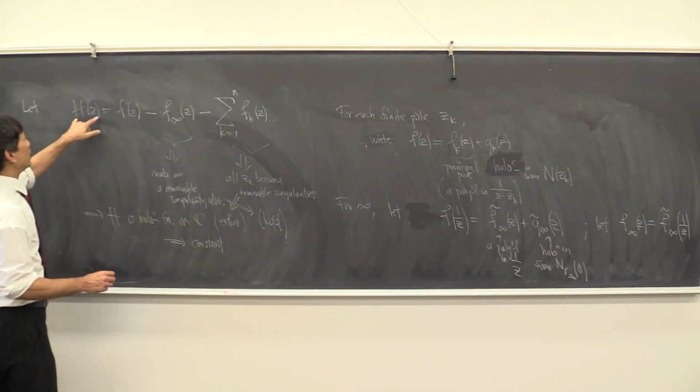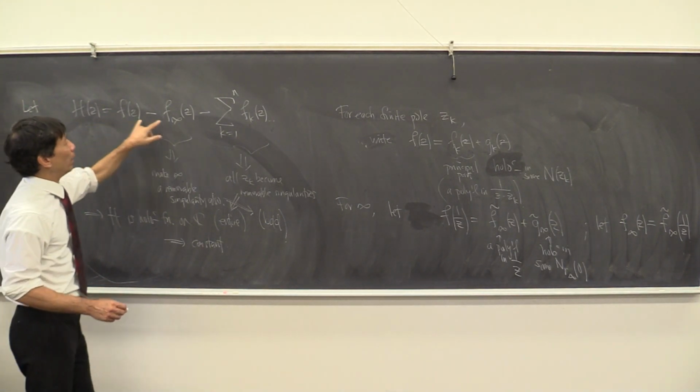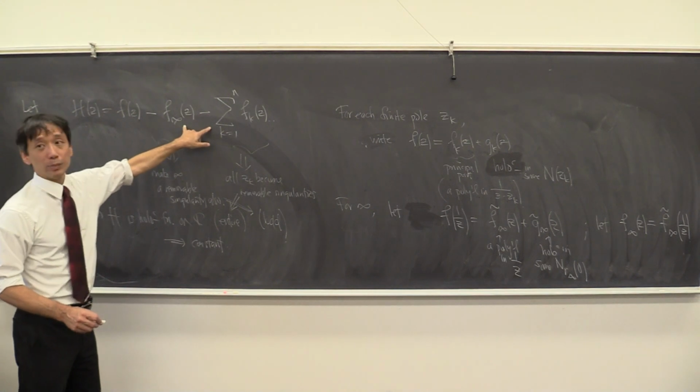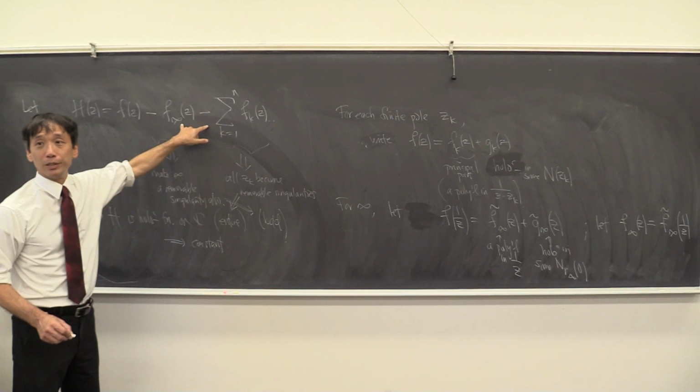So what does that tell you? That tells you that h is a constant, so f is just a sum of these principal parts plus a constant. In other words, it's a rational function.